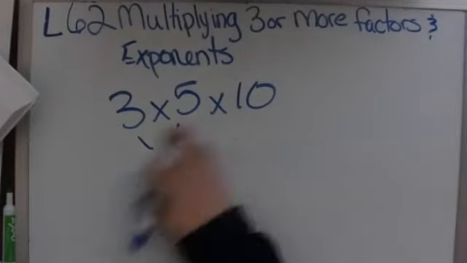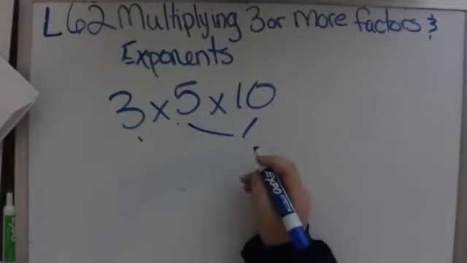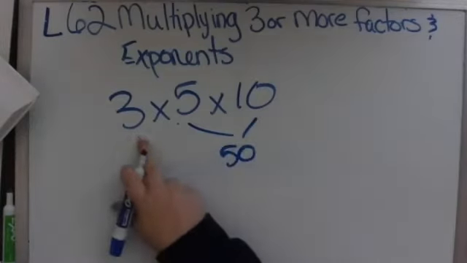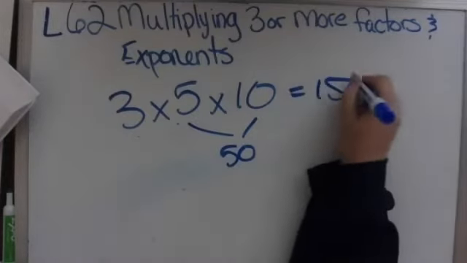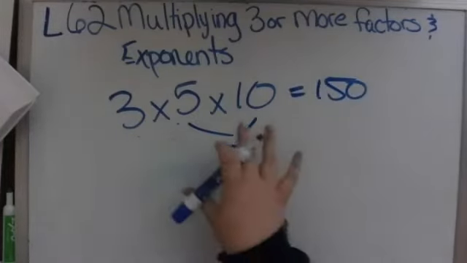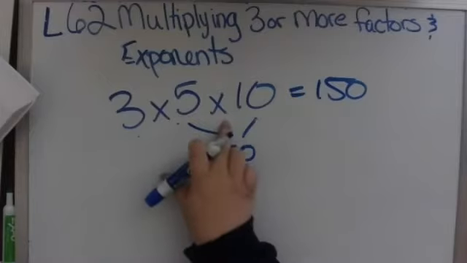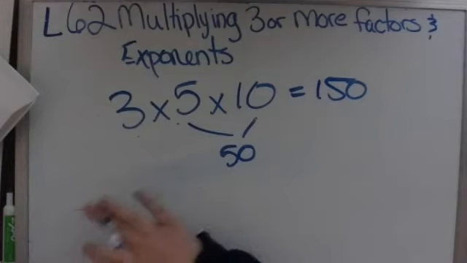Or I could start with 5 times 10, and say 5 times 10 is 50, and then I have 3 50s. 3 50s is 150. Because they're all the same numbers and the same multiplication, you can multiply these any which way you like.